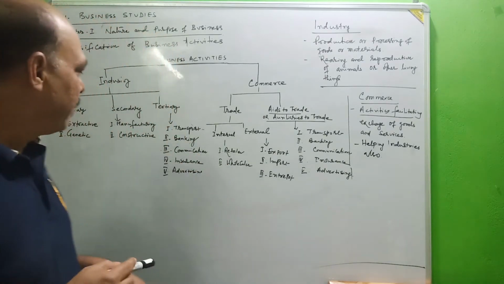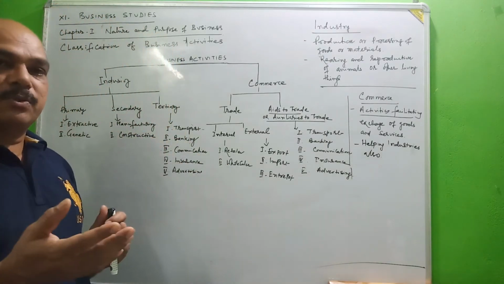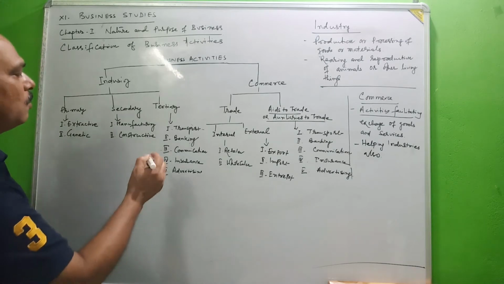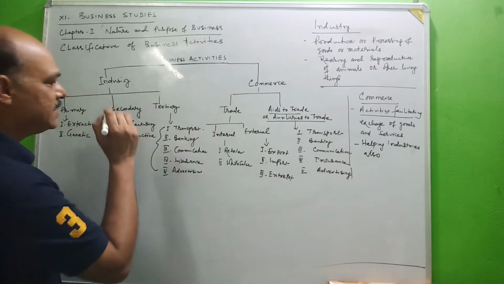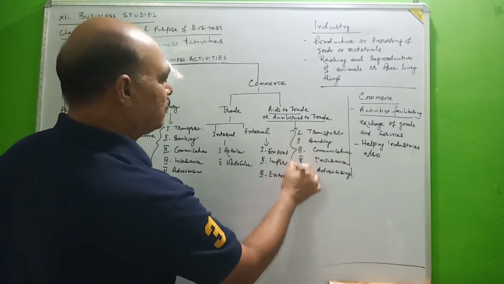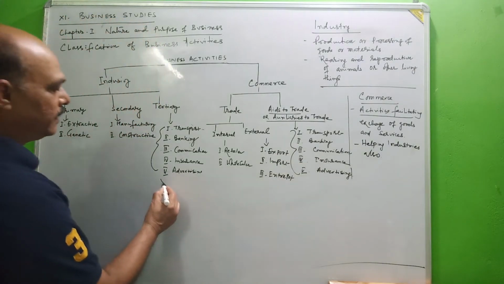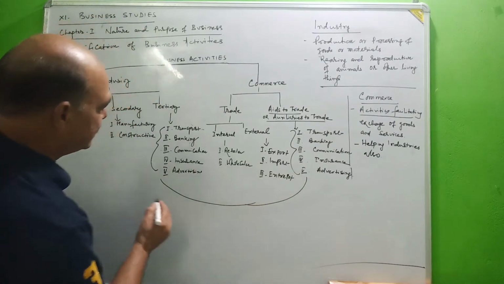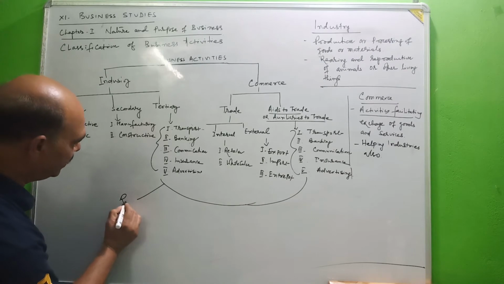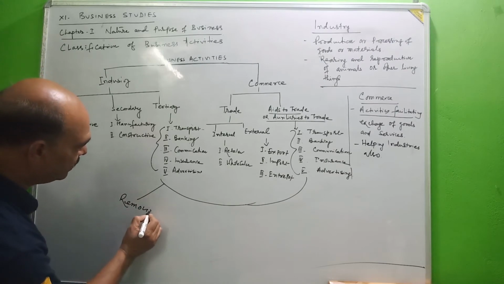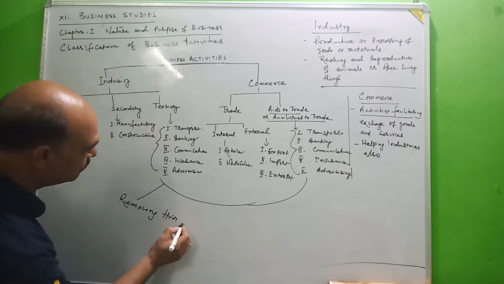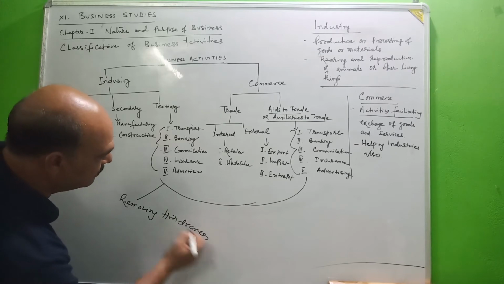They are the same. So transport, banking, communication, insurance and advertising, what are they actually doing? They are removing some hindrances of business, different hindrances.